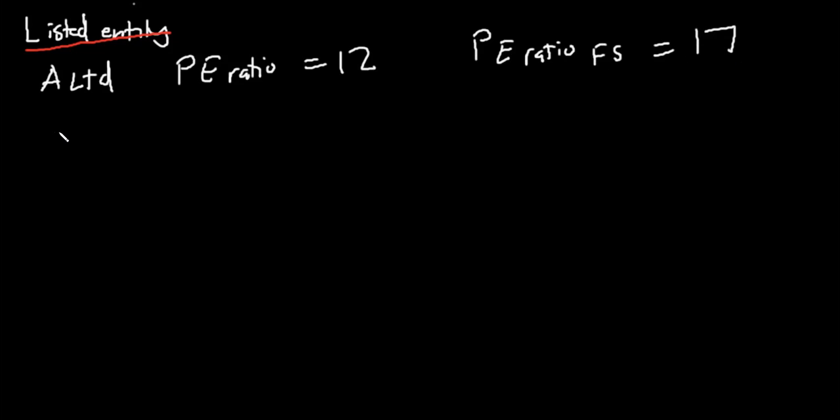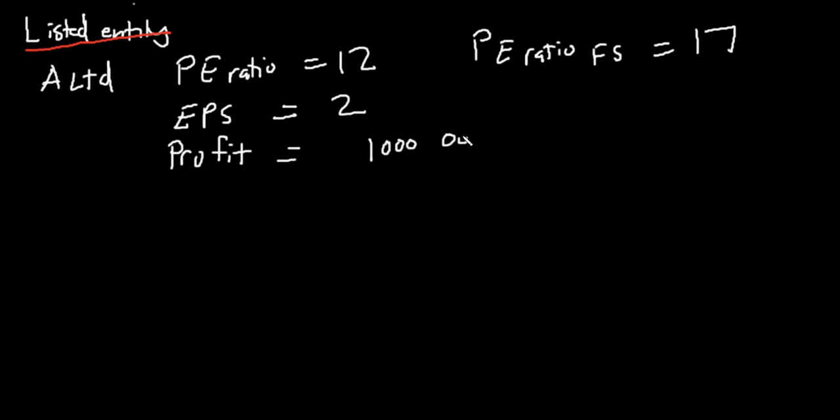We are also told that A Limited has an earnings per share currently of 2. We're also told that the profit of this entity is sitting at 1 million. So the profit after tax is at 1 million. We're also told that included in this profit is revenue from a contract that is valued at 50,000.